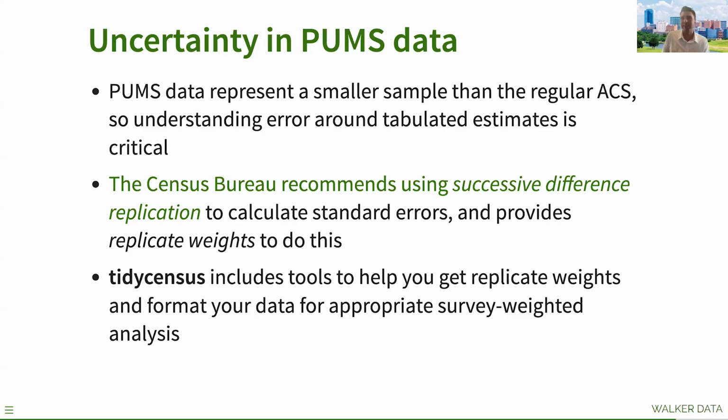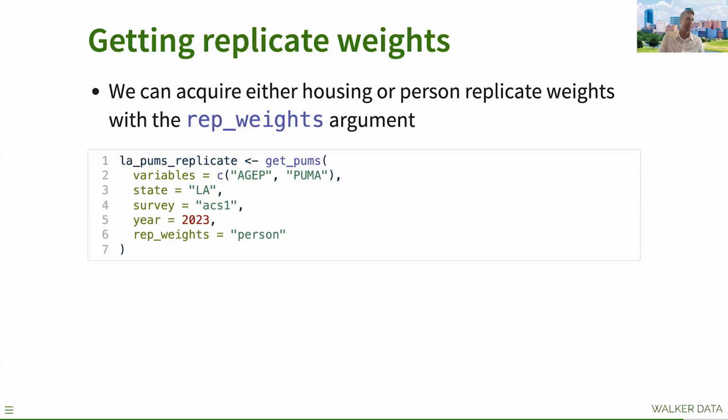This is typically pretty hard to do, but tidycensus includes tools to make this easier and allow you to format your data for appropriate survey weighted analysis. So let's take a look at this. We're going to pull in replicate weights at the person level because what we're going to try to do is some age tabulations by PUMA from the 1-year ACS.